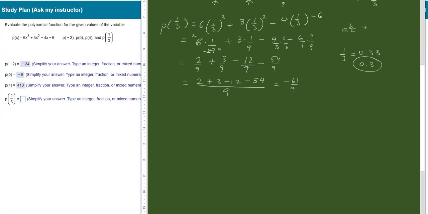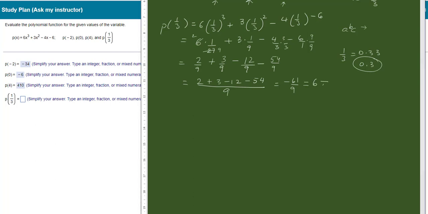So we get negative 61/9. Now 9 doesn't go in 61 evenly, so it's an improper fraction because the numerator is bigger than the denominator. So next we'll have to rewrite this fraction as a mixed number. We know that 9 goes in 61 6 times, right?